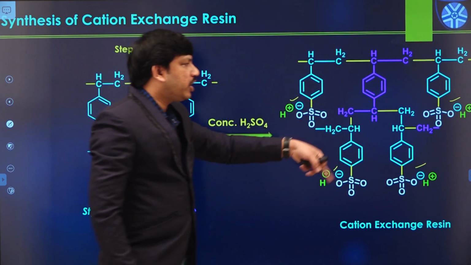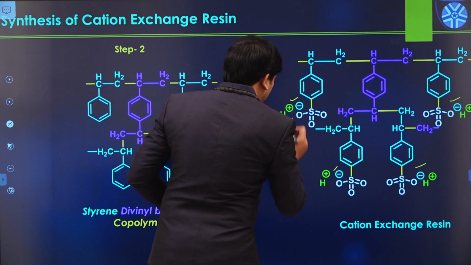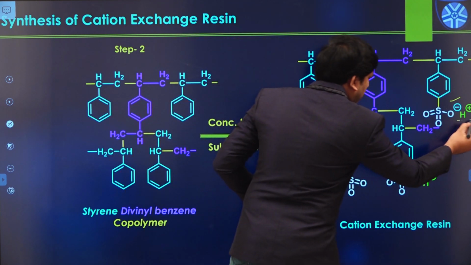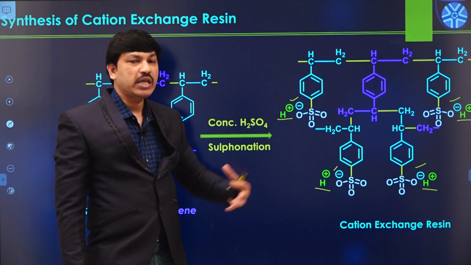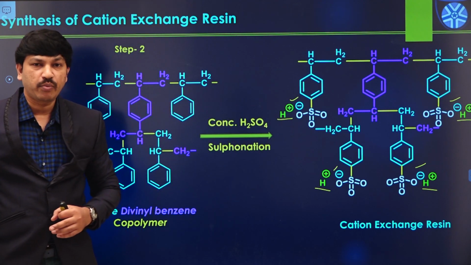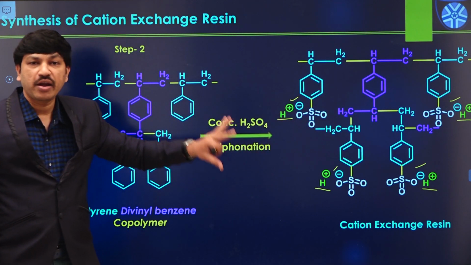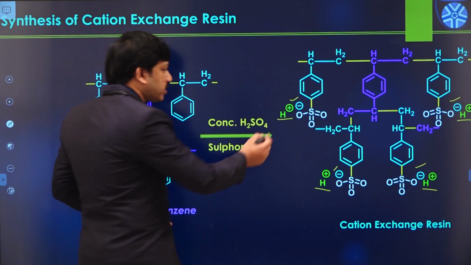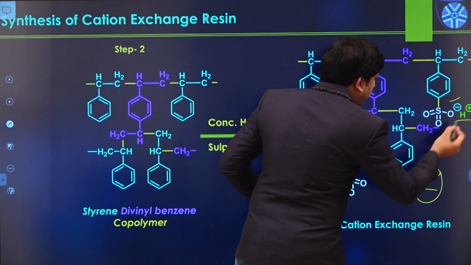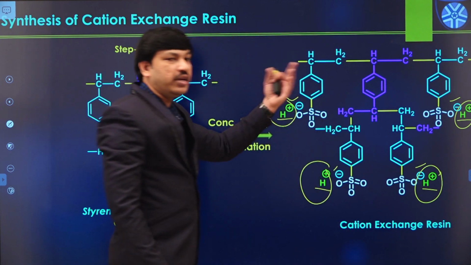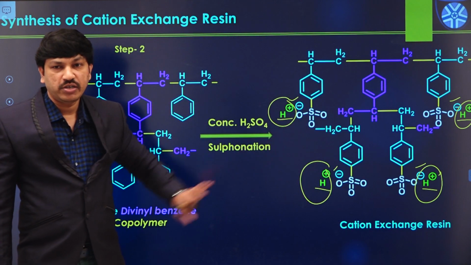Correspondingly we have replaceable cations; in this case we have protons. This acts as a cation exchange resin, because these cations are exchangeable and replaceable. You can exchange these cations with any other cation. That is the reason it is known as a cation exchange resin.